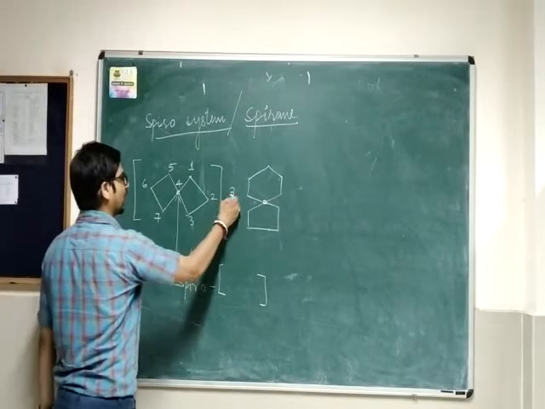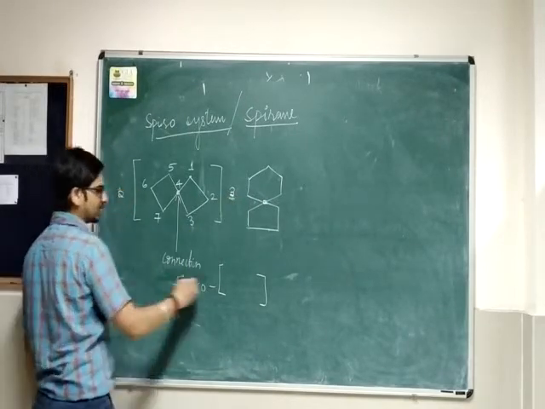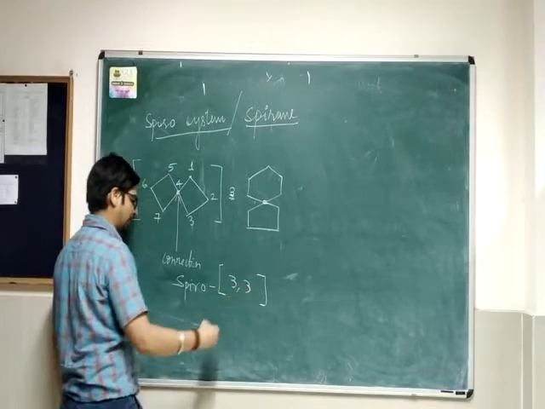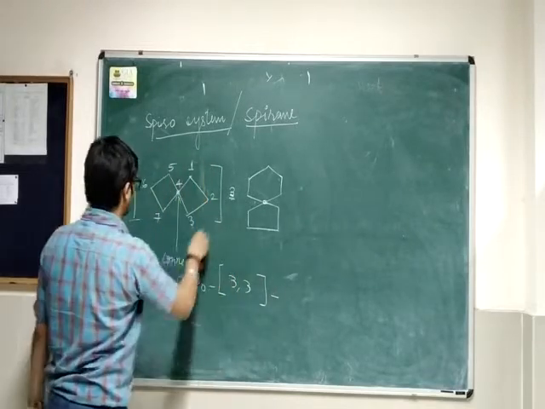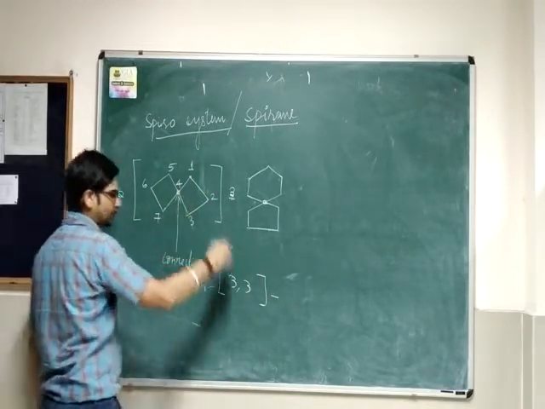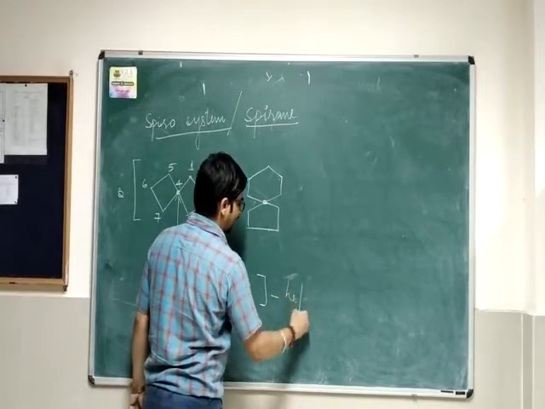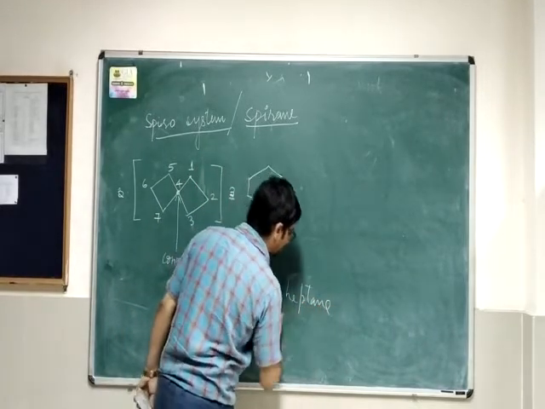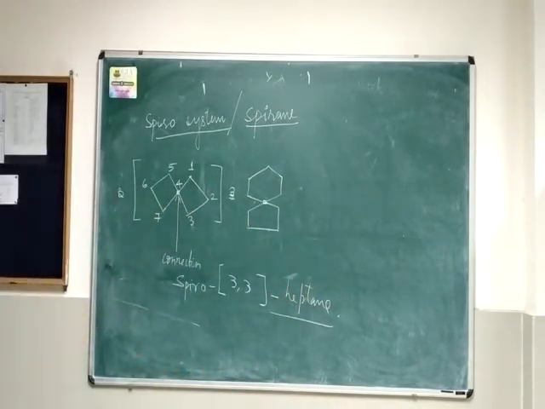But fortunately we have 3 carbon atoms on both sides, so we will write 3, 3. Spiro, total number of carbon atoms are, you can see 7, so it will become heptane. So this is the name of the spiro system.